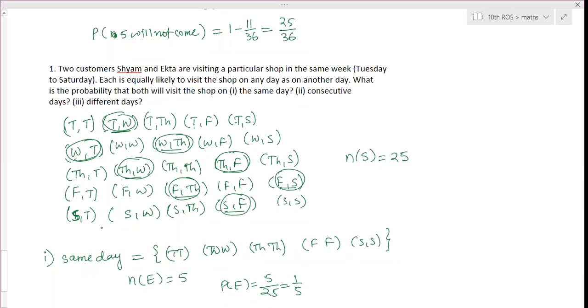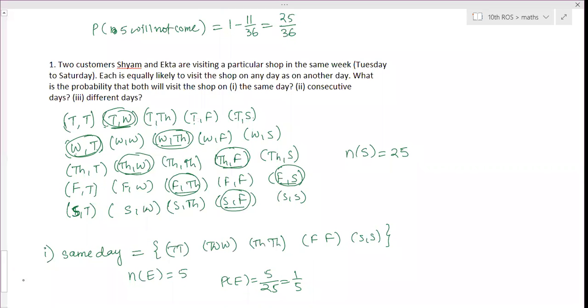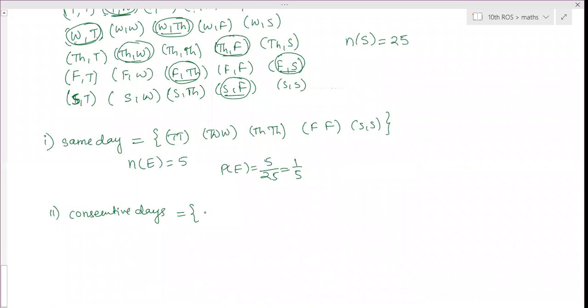Any other we left? That means n(E) is equal to 8, so the probability is 8 by 25.